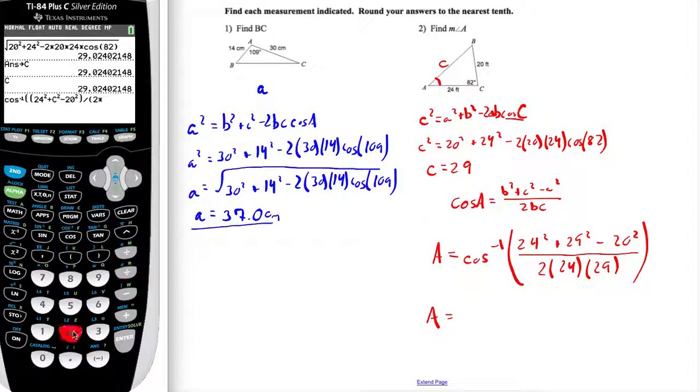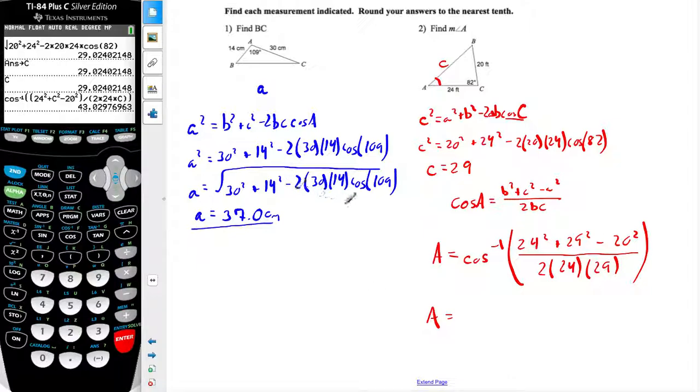So 2 times 24 times C. Close the parentheses for the denominator, and then again close the parentheses for the inverse cosine function. And that gives us this, so 43.0 degrees. And that's going to be the most accurate answer. So 43.0 degrees.